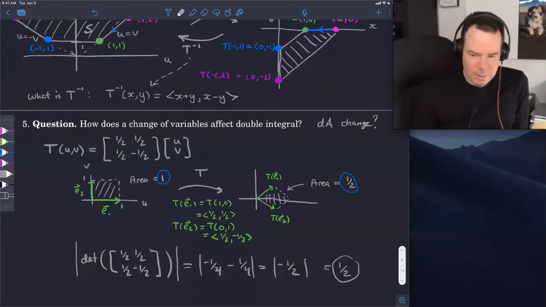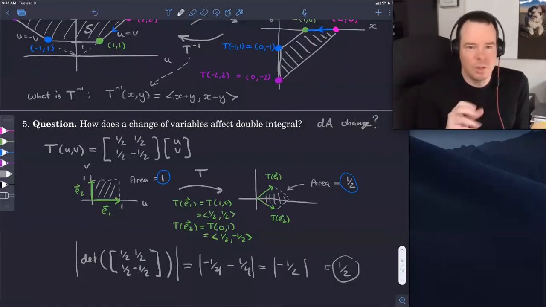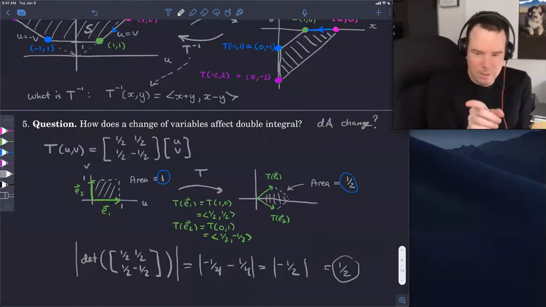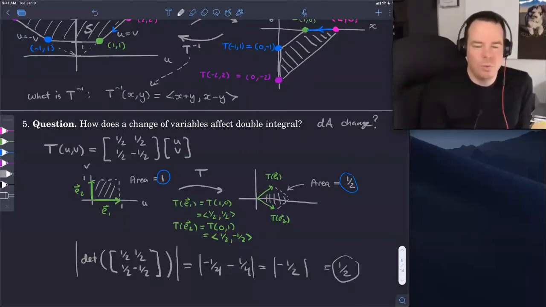What is the negative telling us? It actually tells us something interesting as well. The negative coming up in the determinant tells us that there's been some sort of reflection, a change of orientation. Notice that if I go counterclockwise, E1 to E2 is the shortest angle. That means going from E1 to E2 on my left-hand picture, that's the smaller angle.